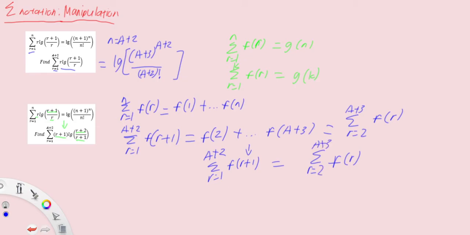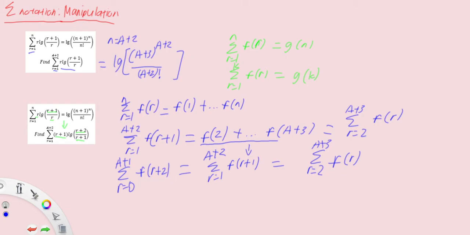Conversely, if you want to convert the function to f of r plus 2, you will get a reduction of 1 in your limits. Okay, how do I prove it? Very simple. You notice this is basically f of 2. So if you have f of r plus 2, it will be from 0 to A plus 1.